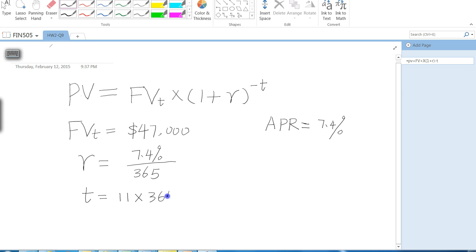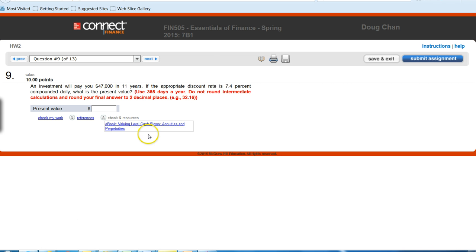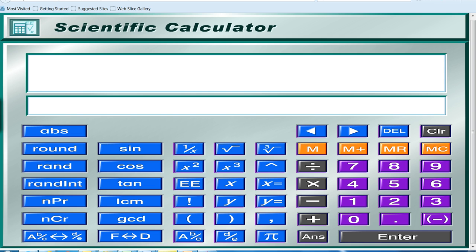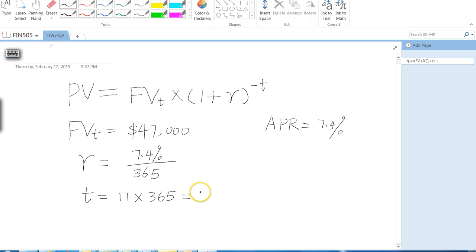It's 11 times 365, and that gives me 4015. Okay, so now we have every input to plug into this formula to get the present value.